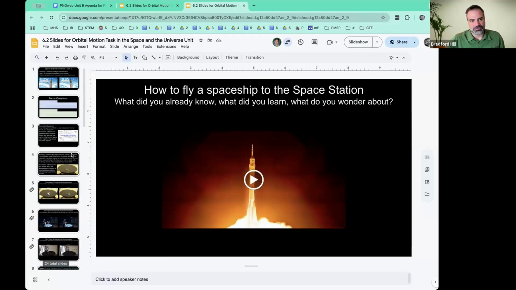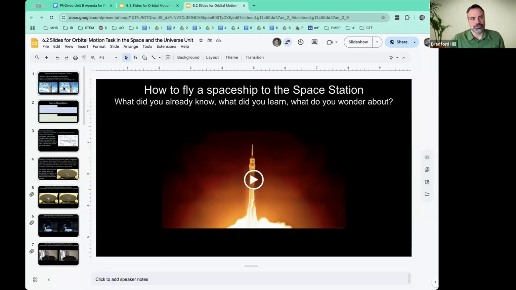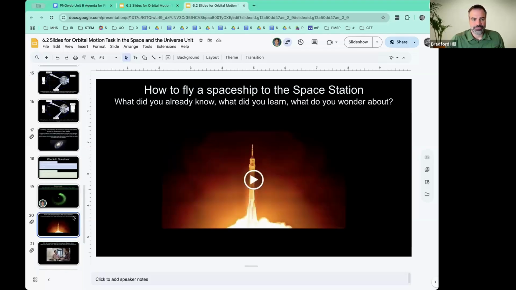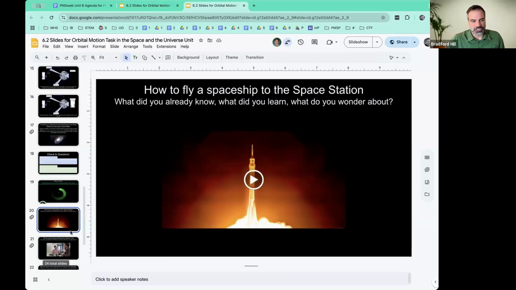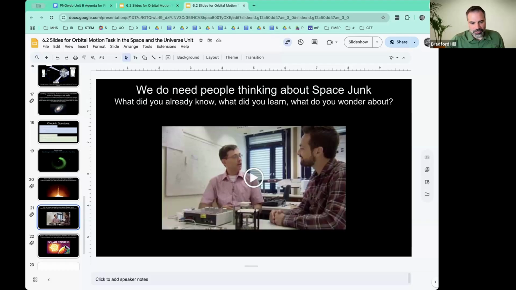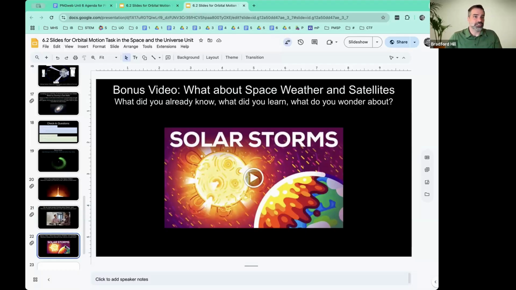You can tell this is loaded, so we're not showing everything, but the Artemis missions are what we have as our common background question. And then after having done this activity, we return again to the Artemis missions, and then space junk and solar storms.